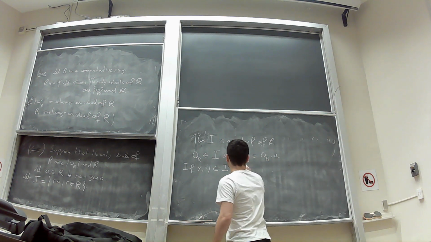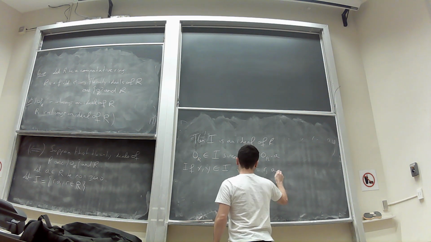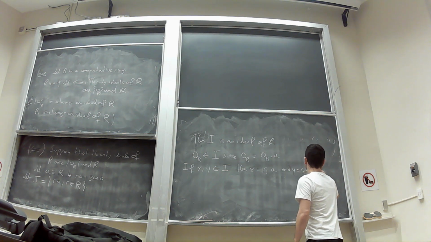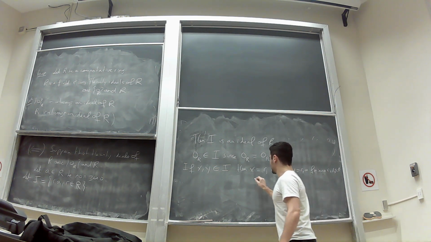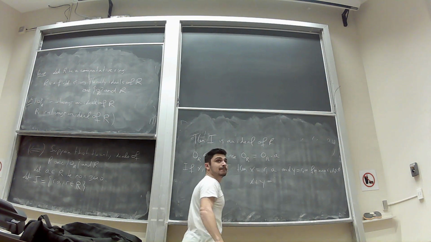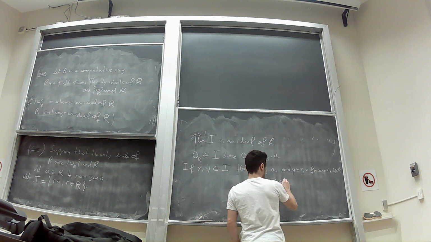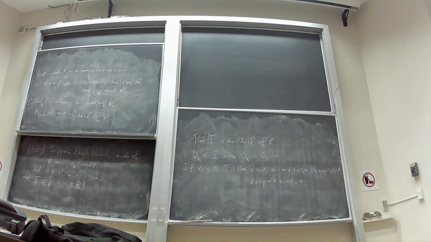Then x is equal to r1 times A, and y is equal to r2 times A, for some r1, r2 in R. Now what is x plus y? It's r1A plus r2A. What can I do now? Rewrite it as A multiplied by r1 plus r2. Very good.